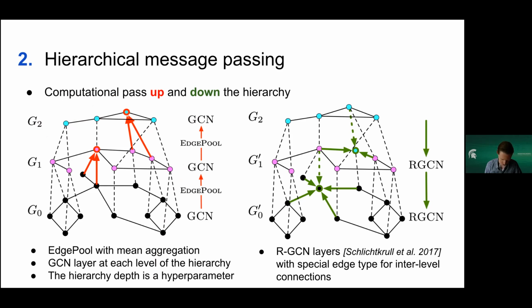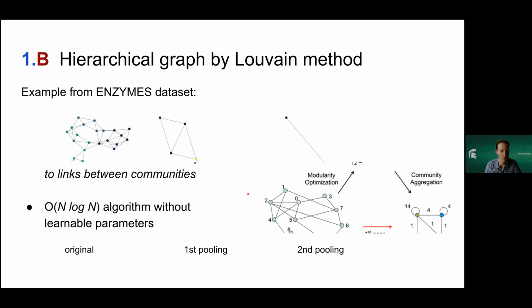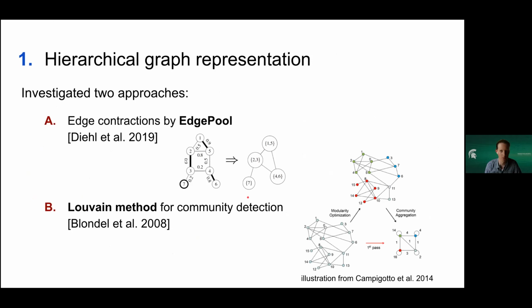Then for the two pooling methods that you considered in your work, I think I missed this. Are those unsupervised methods like edge pool and the other one, or are there learned parameters in those that are trained? This edge pooling one is learned.